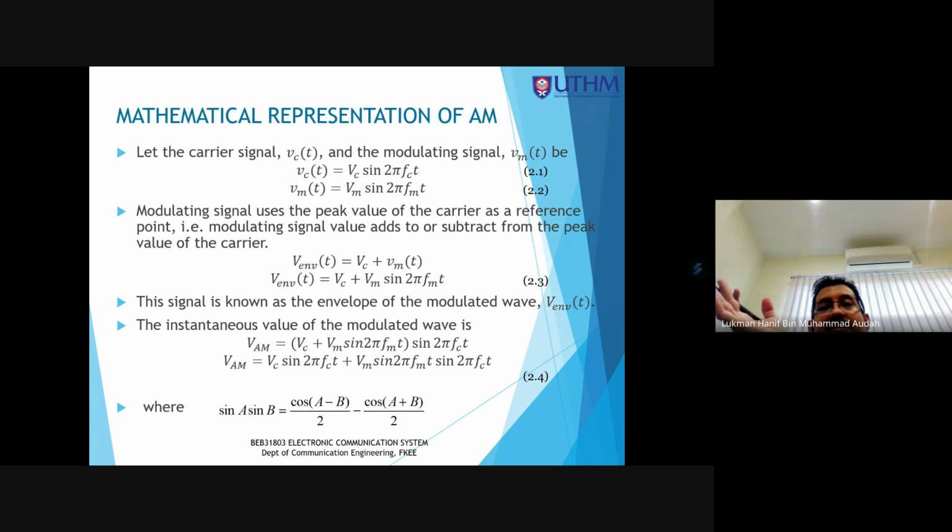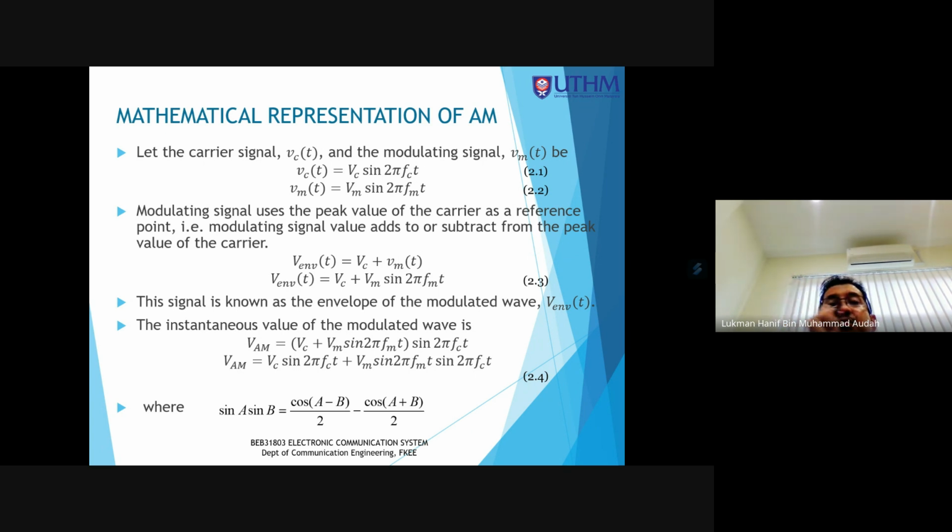The rest would be easy. So don't be scared of long equations like that. It's not a long equation actually, it's a short equation. I'm going to explain this one by one. And you need to understand this because you have to do the project for the AM transmitter, right?